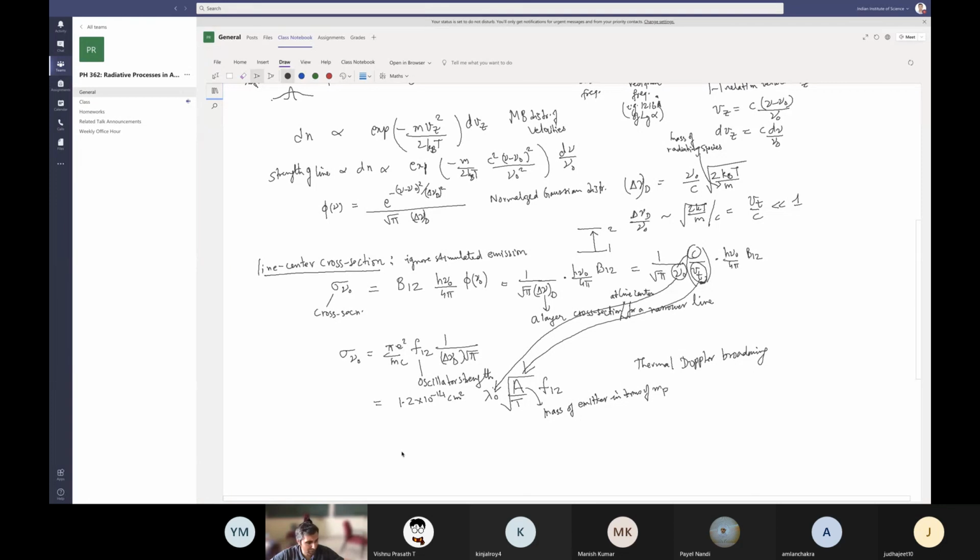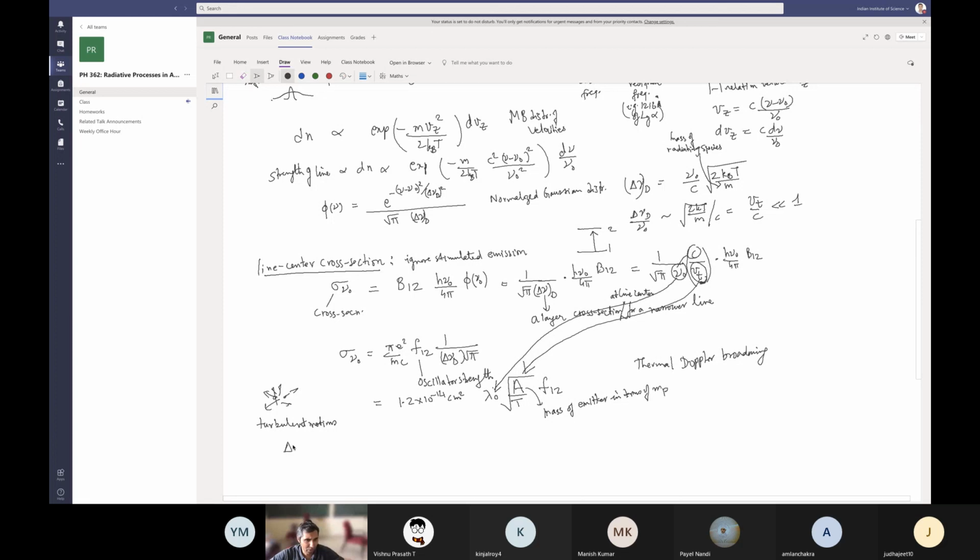But you can have an additional process if, in addition to just the thermal motion, you have turbulent motions as well, then the turbulent motions and the thermal motions add to give the Doppler effect, right?